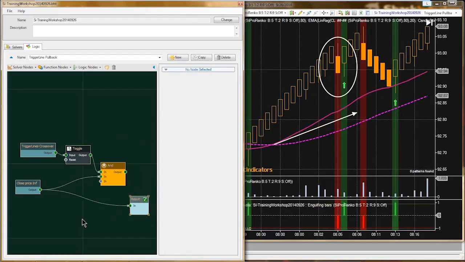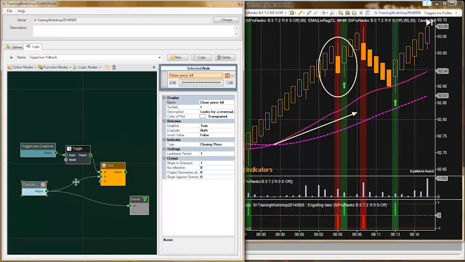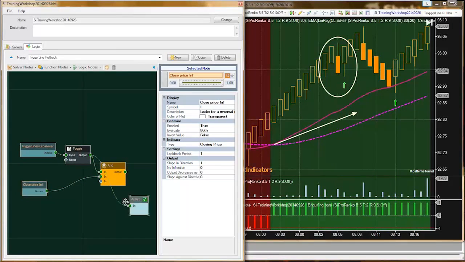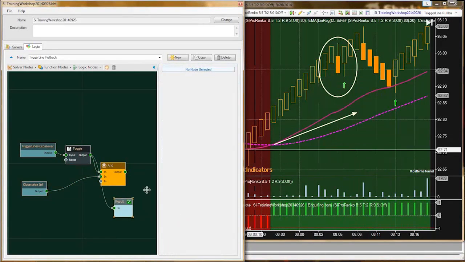And so if we look at this inflection solver, we can see we're getting a short signal down. So the short signal is opposite of the toggle state. If we look at the toggle state, it's long.